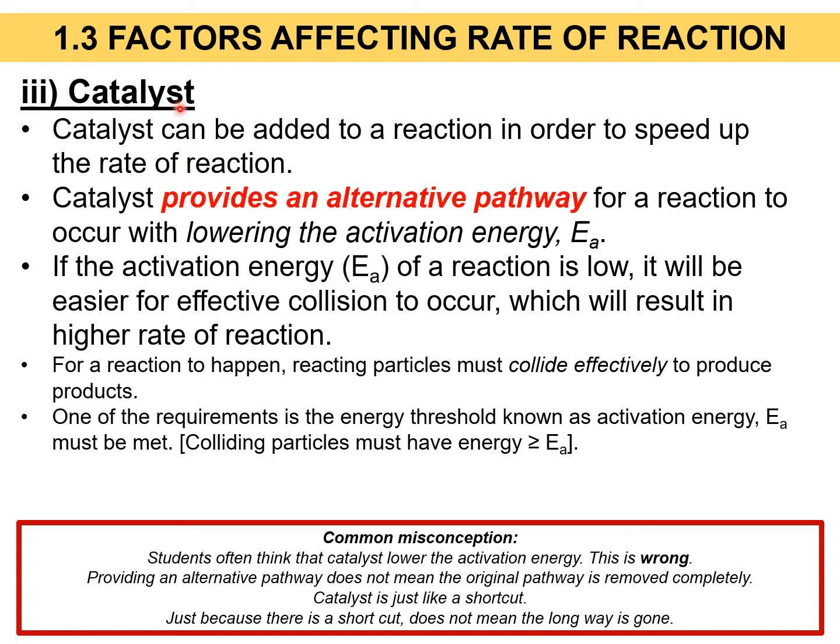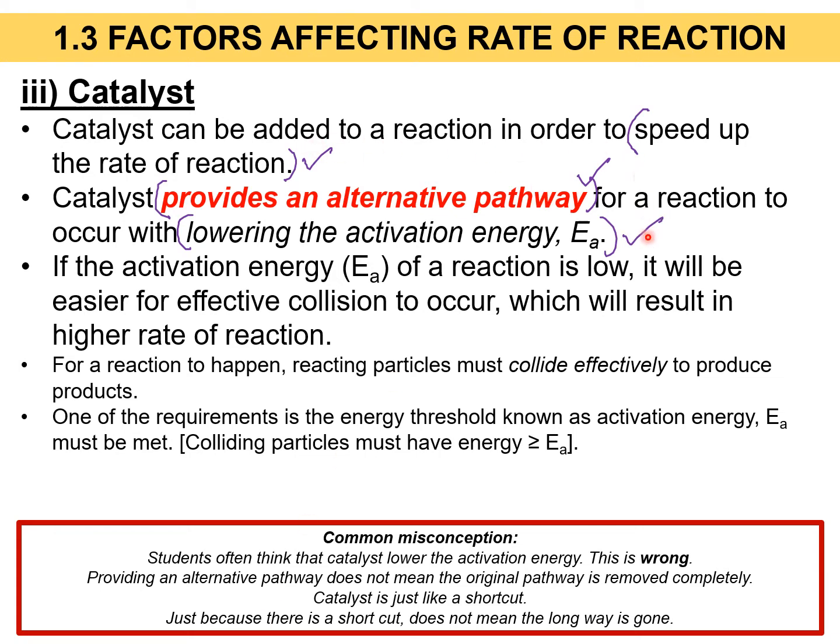You tak boleh bagi tahu catalyst ni lowerkan activation energy. Okay, apa yang you kena bagi tahu? You kena bagi tahu dia speed up the rate of reaction by providing an alternative pathway. Sebab bila dia dapat provide the alternative pathway, dia dapatlah lowerkan the activation energy.